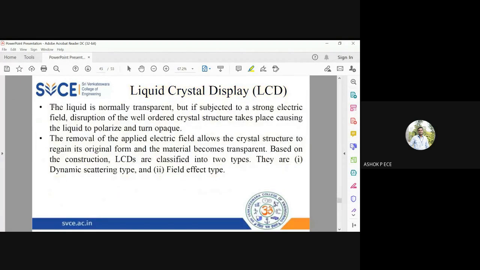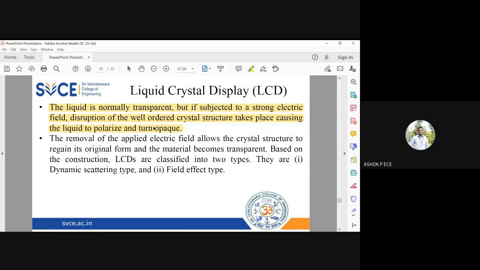The liquid is normally transparent. If subjected to an electric field, the liquid crystals may polarize and turn opaque. Polarize means aligning themselves along a particular direction. So normally they are transparent, but if you apply an electric field, they will align themselves in a particular direction and turn opaque. They will not be transparent.